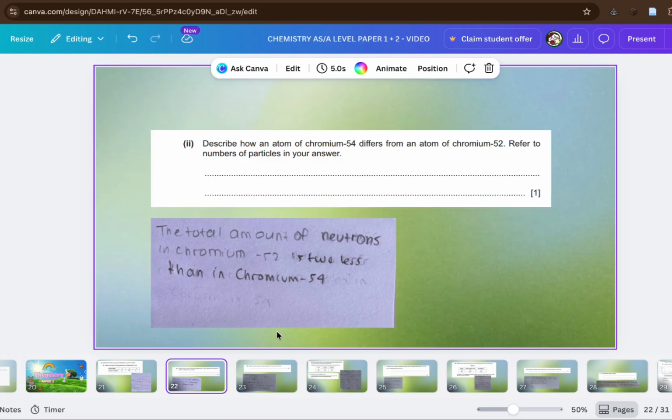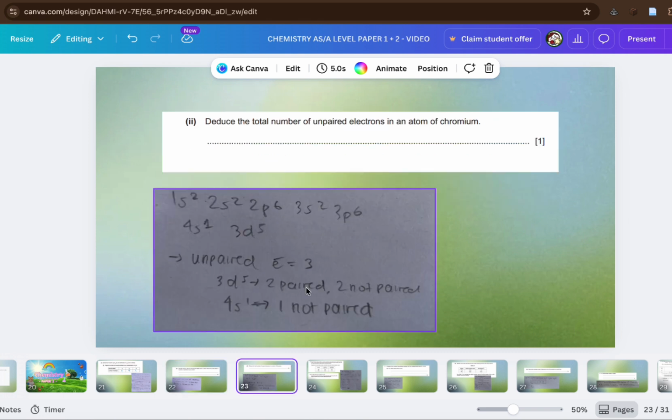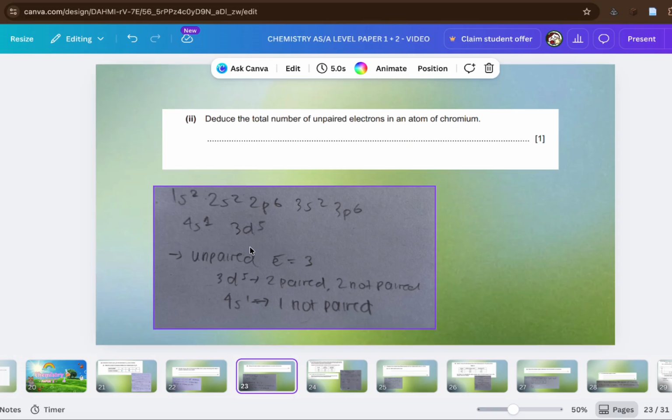Next. Deduce the total number of unpaired electrons in an atom of chromium. Chromium has this electronic configuration: 1s2, 2s2, 2p6, 3s2, 3p6, 4s1, and 3d5. So it has 24 electrons. Let's see which ones are unpaired.